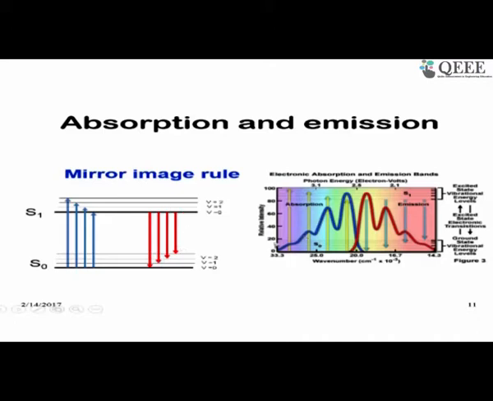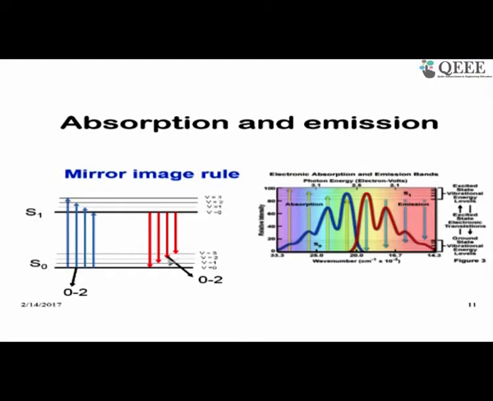Yesterday we talked about why some spectra are structured and why some spectra are broad. The answer is that each of these small peaks is for a particular transition to a vibrational energy level. These are also called vibronic transitions. Now if you compare the probability of the 0 to 2 absorption transition, where this is the 0 vibration energy level and this is the second, with the probability of the 0 to 2 emission, it turns out that these two probabilities are equal.